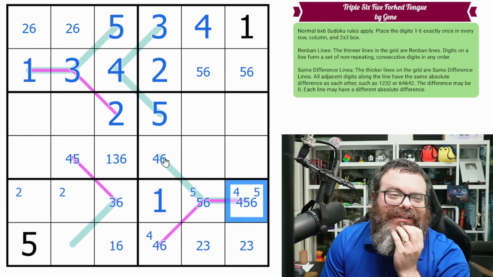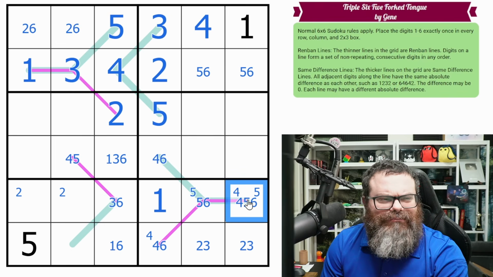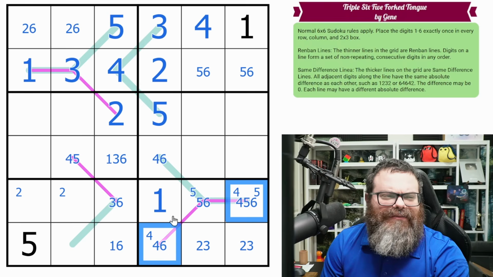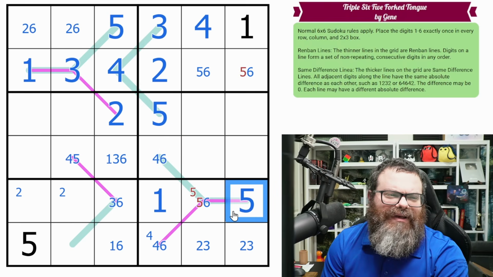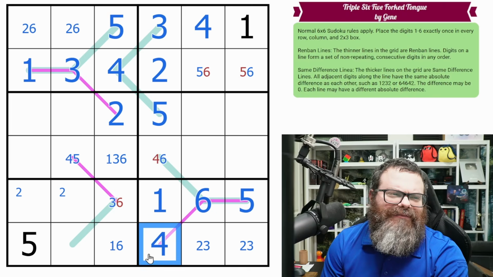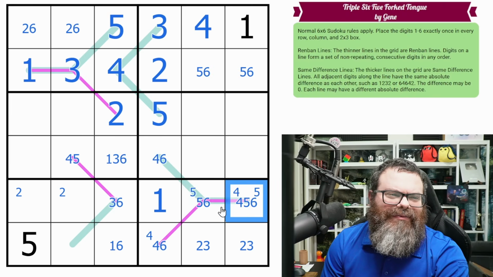Wait, are these two always just the same? No, because if this is 5... Wait, how could this be 5? If this is 5, that's 4, that's 6. And that's 6. That doesn't make any sense. If this is 5, this is 6, this is 4, this is 6. That's definitely not good for that line. Okay, so the 5 goes here.